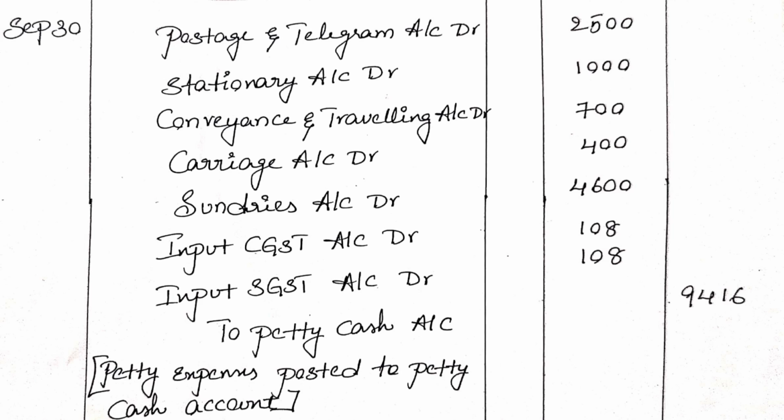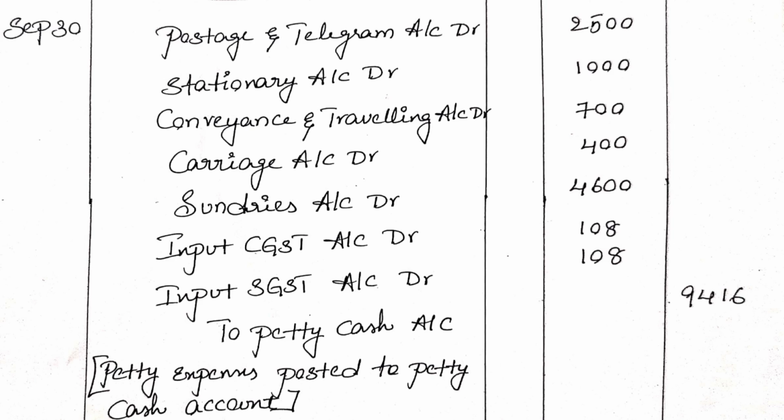Our second journal would be for the expenses that we have recorded in the petty cash book. Here I have taken all categories of expenses and I have mentioned all the respective amounts in the debit amount column. All expenses come under nominal account. The rule for nominal account is debit all expenses and losses, credit all incomes and gains. So we are debiting all expenses and crediting petty cash account because we have paid through petty cash account.